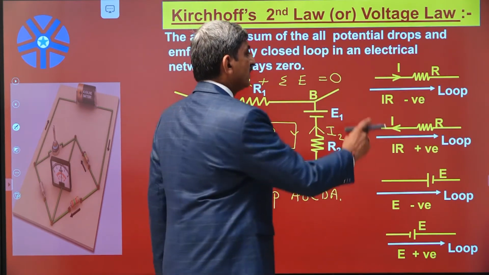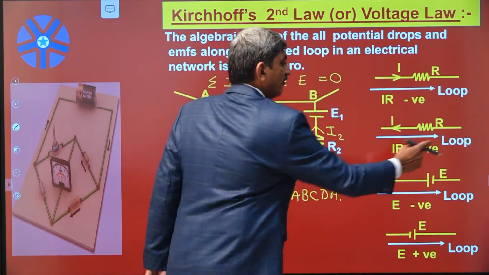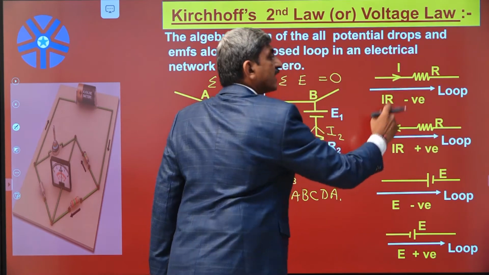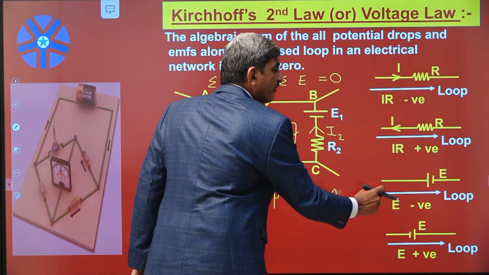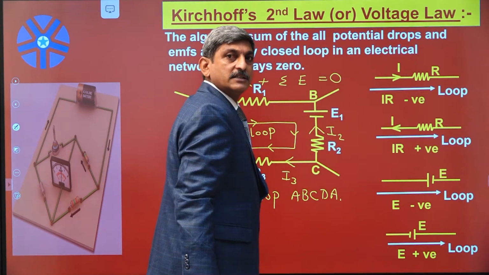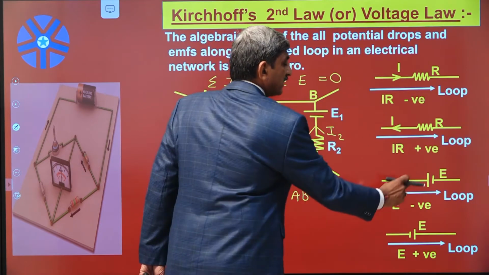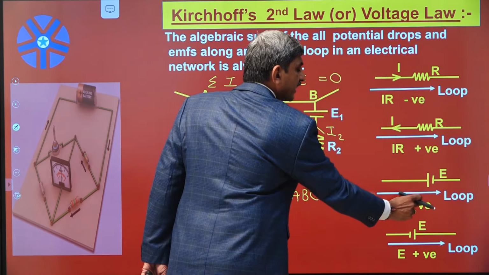Why? Because along this loop there is falling potential, whereas along this loop there is rising potential. Now, whenever we are moving from the positive terminal of the battery to the negative terminal of the battery along the loop, there is falling potential, so the EMF of the battery is taken as negative.